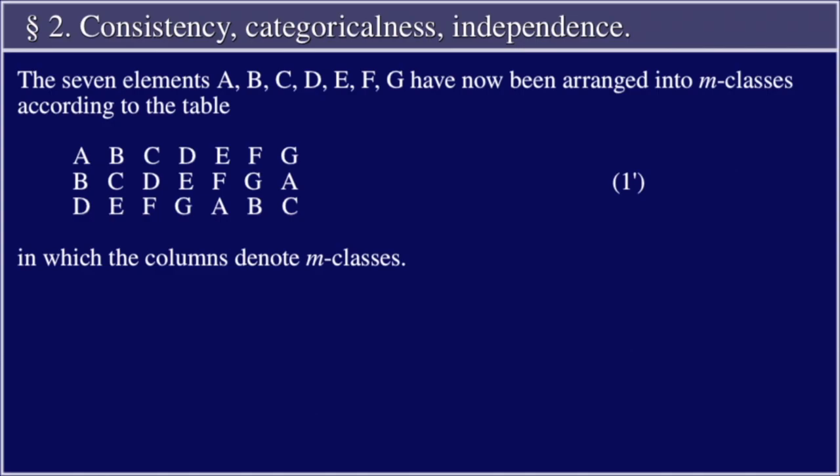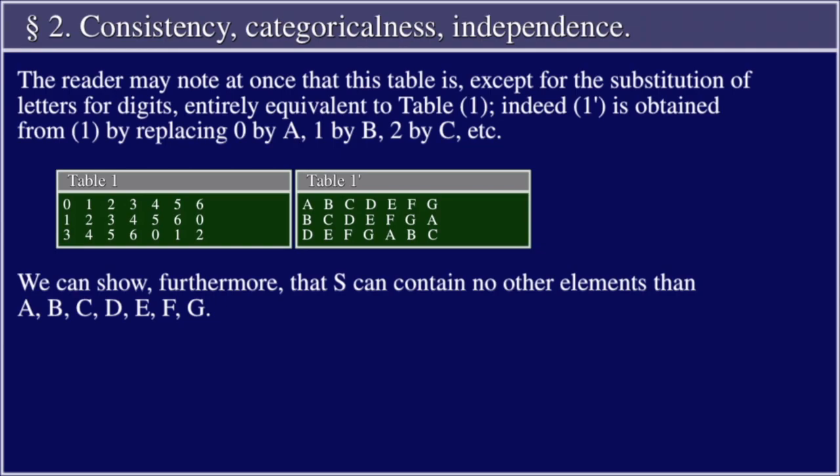Table 1', read by columns: A, B, D; B, C, E; C, D, F; D, E, G; E, F, A; F, G, B; G, A, C, in which the columns denote M classes. The reader may note at once that this table is, except for the substitution of letters for digits, entirely equivalent to Table 1. Indeed, Table 1' is obtained from Table 1 by replacing 0 by A, 1 by B, 2 by C, etc.